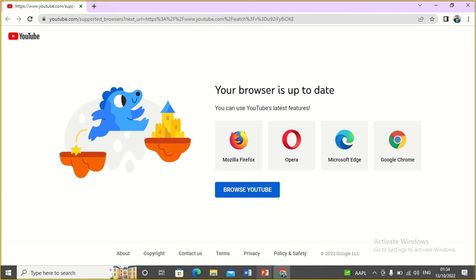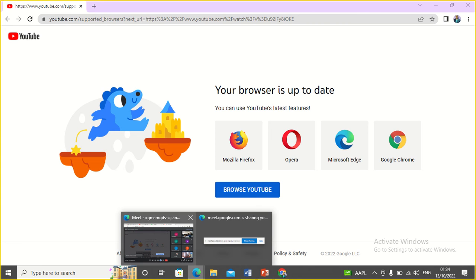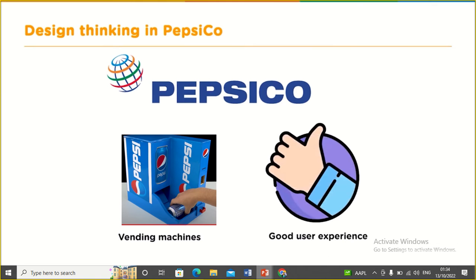They are permitted to choose two squares. If those two squares are very similar, they will win the match. Okay, in this way, users will get a good, happy and joyful experience while buying the product.